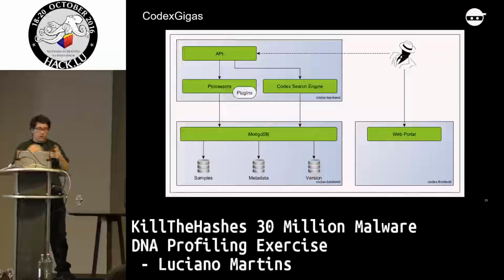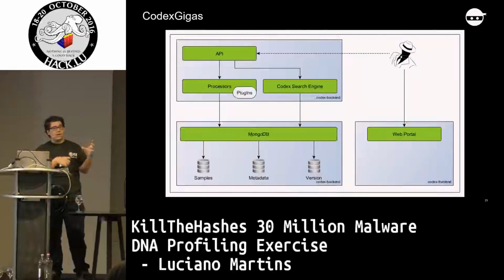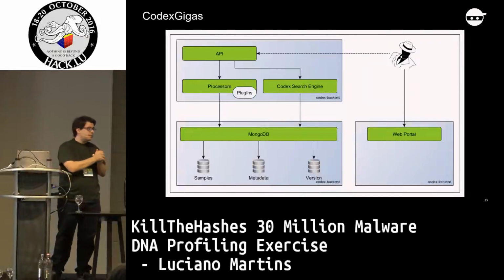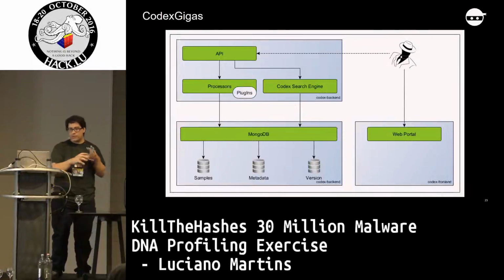When you submit something, it says, hey, this is the MIME type, executable, and it goes through the processors. The processor has its own plugin system that extracts each of the characteristics.